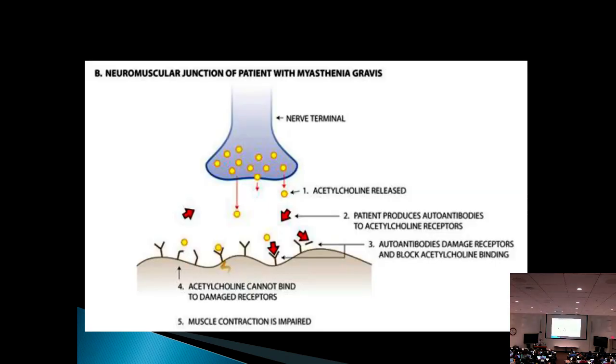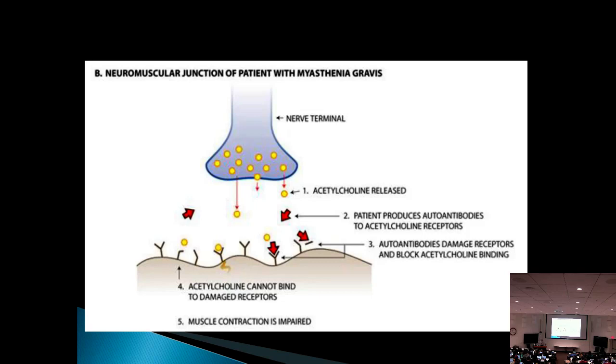Another look here at what happens in myasthenia gravis. Here are the nicotinic receptors, and here we have some antibodies, and notice that the antibodies damage the nicotinic receptors, and not shown here, they will then be taken back up, destroyed really.